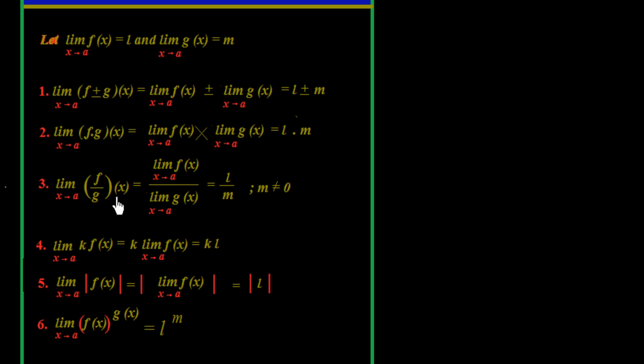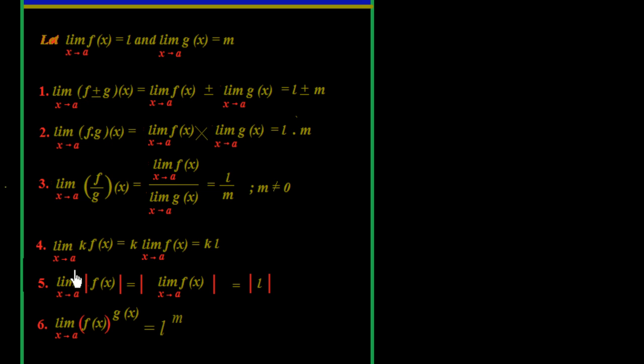Now the third one: limit x tends to a for f over g of x is equal to limit x tends to a for f of x over limit x tends to a for g of x. The limit of the division of two functions is equal to the division of their limits, where the limit in the denominator should not equal 0.